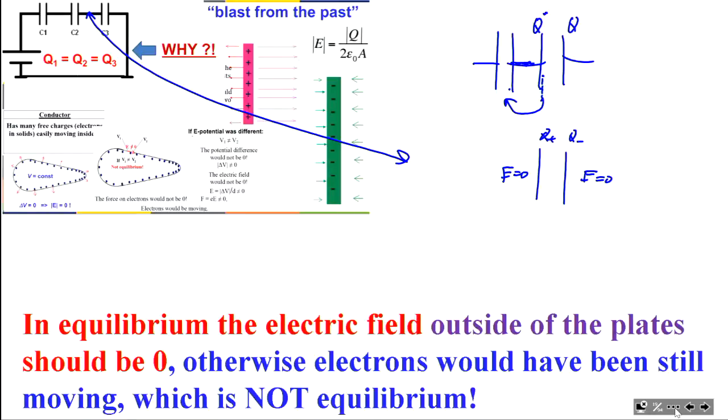If that is not the case, if one plate has a larger charge, that means electric field outside is not 0 yet, and electrons keep moving. So this is a neat reasoning which tells us why, when capacitors are connected in series, the charge on each capacitor should have the same magnitude.